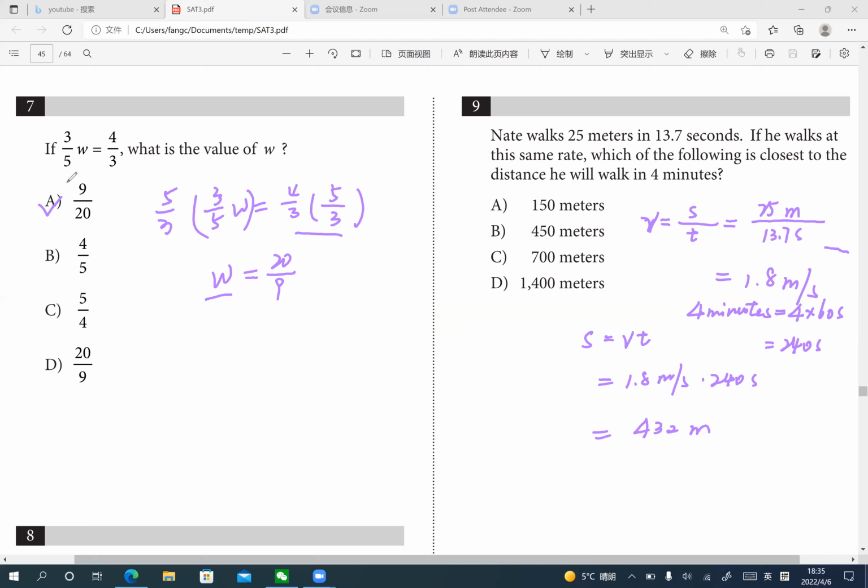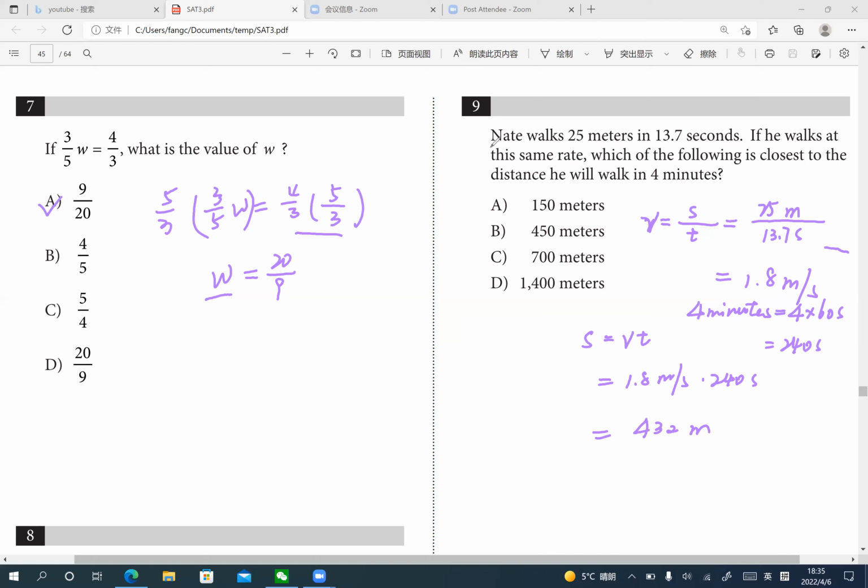Next question. Nate walks 25 meters in 13.7 seconds. If he walks at this same rate, which of the following is closest to the distance he will walk in 4 minutes? The velocity formula is v equals s divided by t, where s represents the distance and t represents the time.